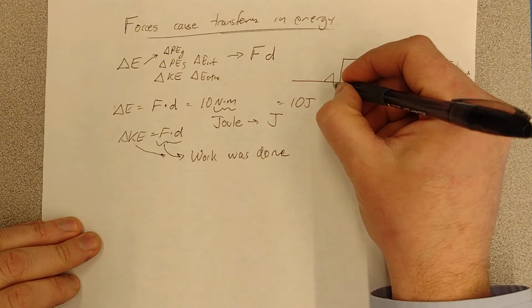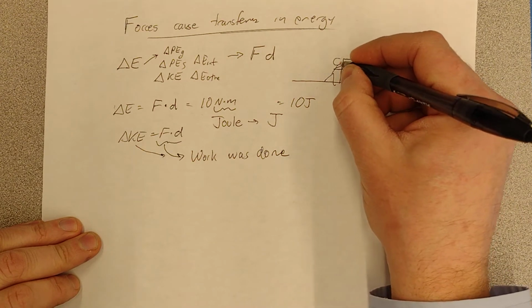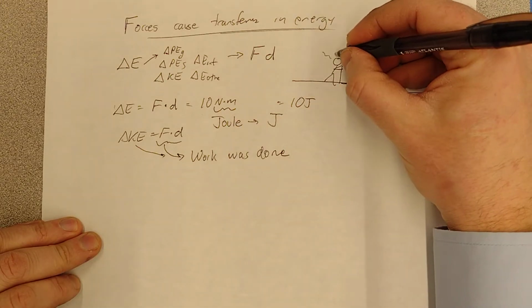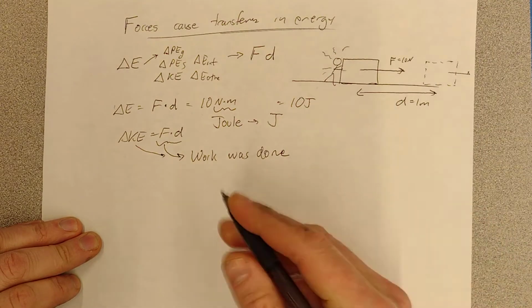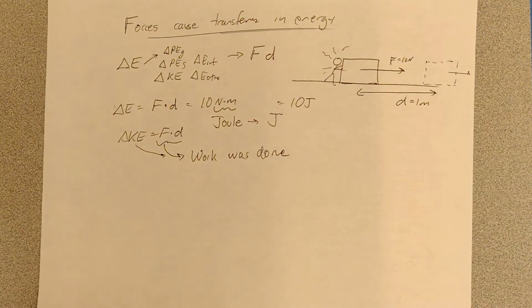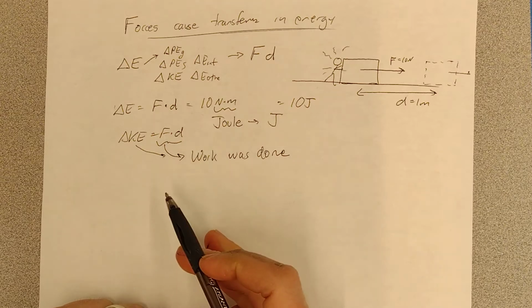So maybe this was a person pushing the crate, right? And certainly, they would do work. That would take energy to move this big box 1 meter, right? So the equations that we get for these different forms of energy come from this concept of work being done.